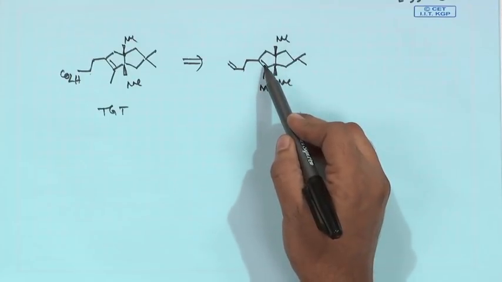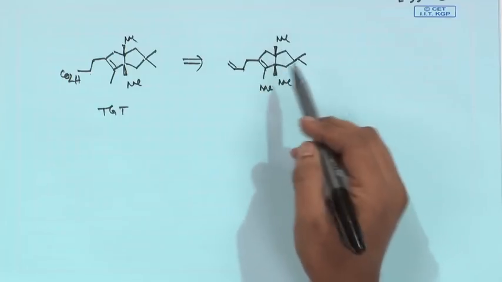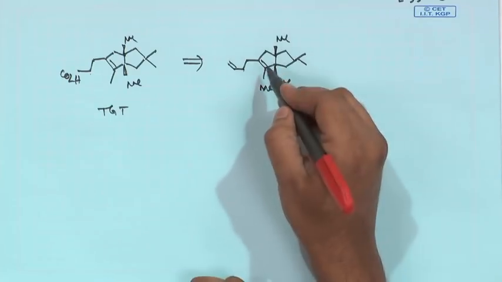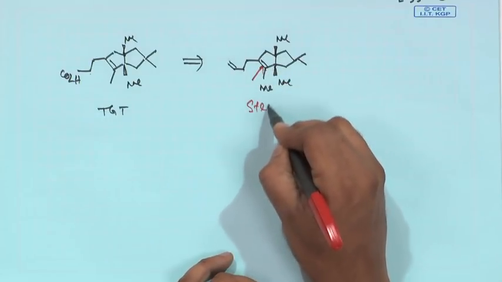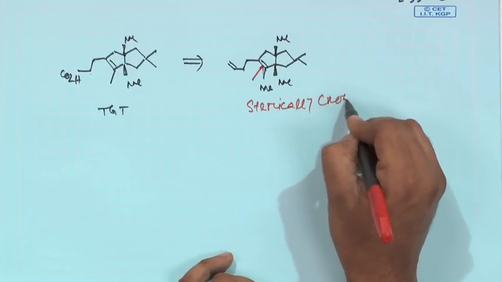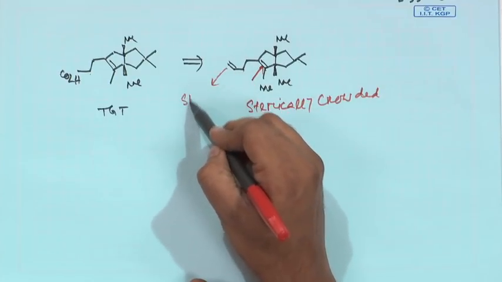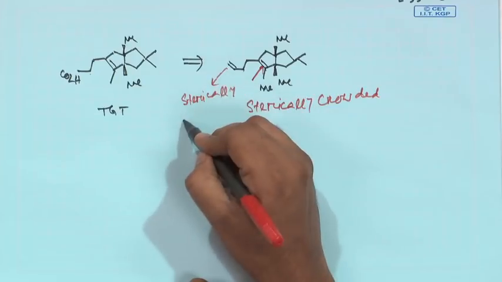Now, if you see, this double bond is definitely electronically rich because it is tetrasubstituted, but on the contrary this double bond is highly sterically crowded. This double bond is sterically very much congested. On the contrary, this double bond is sterically free or less crowded.